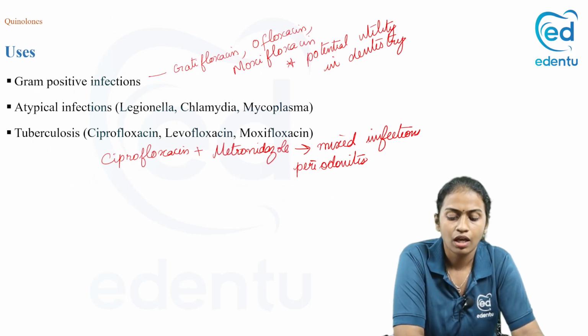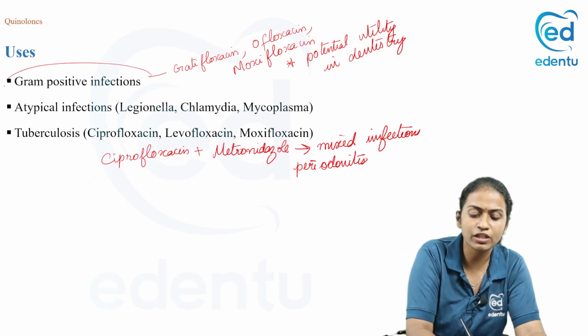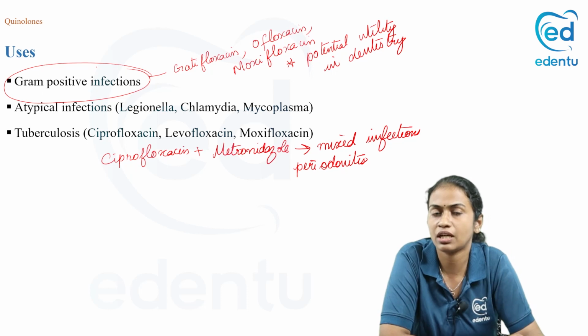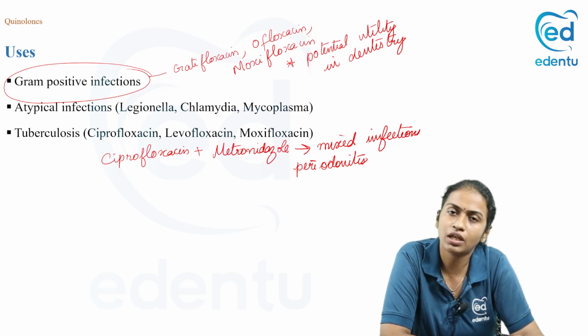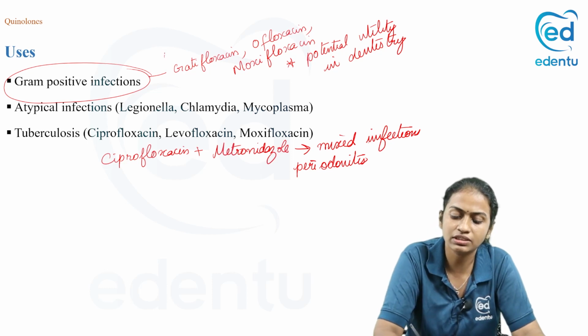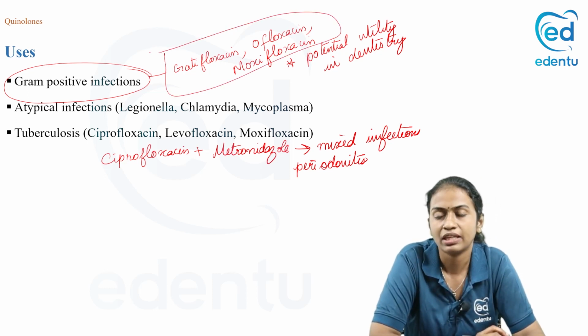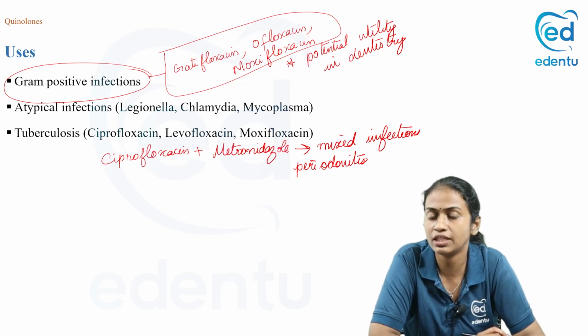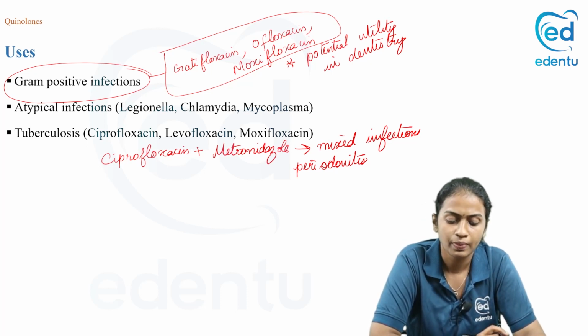Since the extended spectrum has activity against gram-positive, we can use it in dental infections. These are the agents that are specifically useful for this condition: gatifloxacin, ofloxacin, and moxifloxacin.